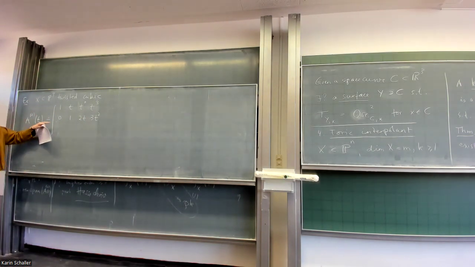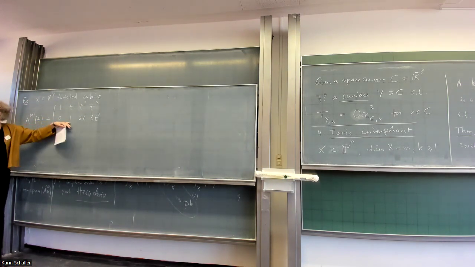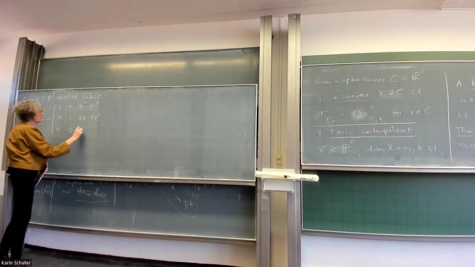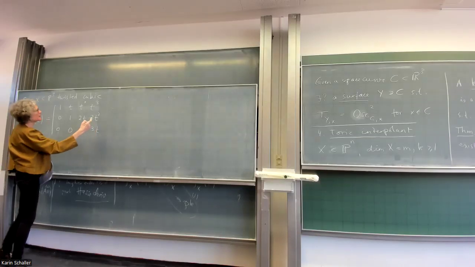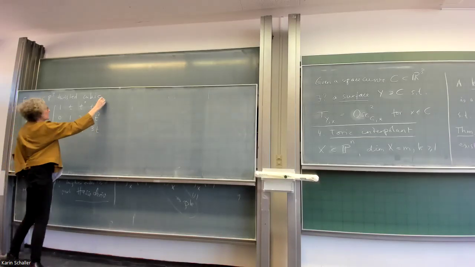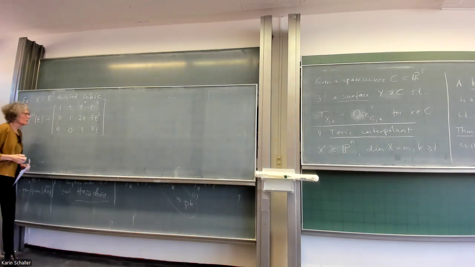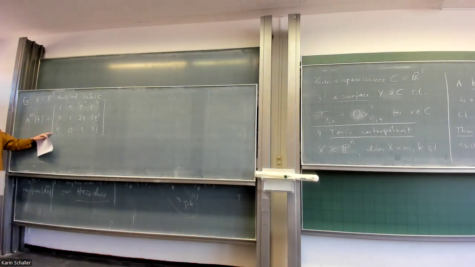And so the row span here is the tangent vector. And now I add the second derivative. This is what I get. And the row span here is going to be the osculating plane at the point corresponding to it.